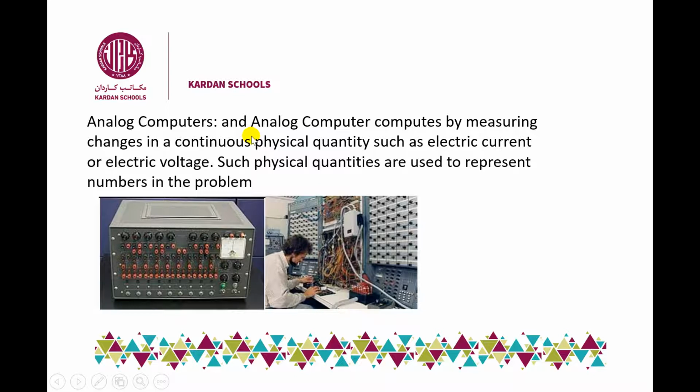They are always in continuous form, I mean they do not stop, they are continuous. Such as electric current or electric voltage, as we know the electricity is continuous. Such physical quantities are used to represent numbers in a problem.